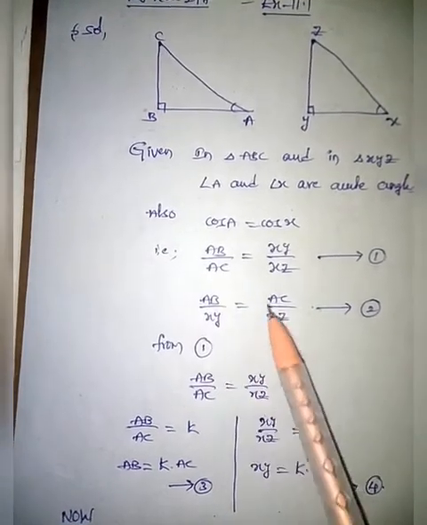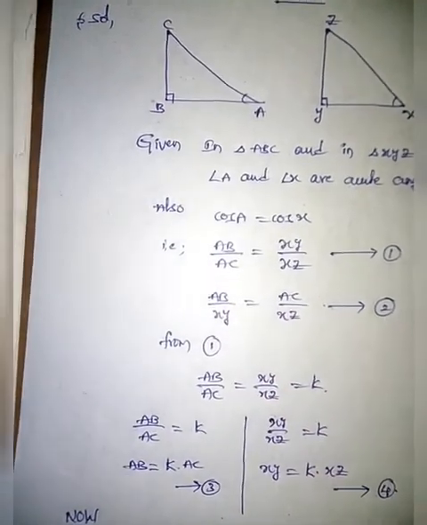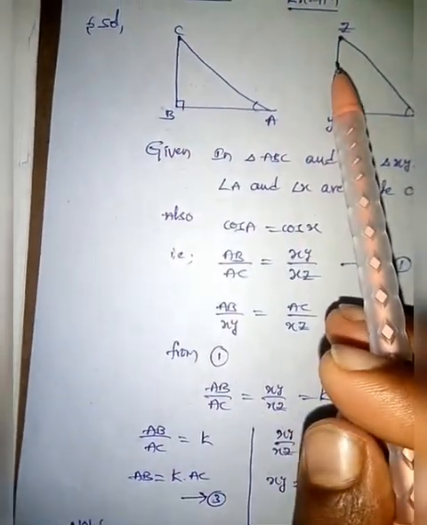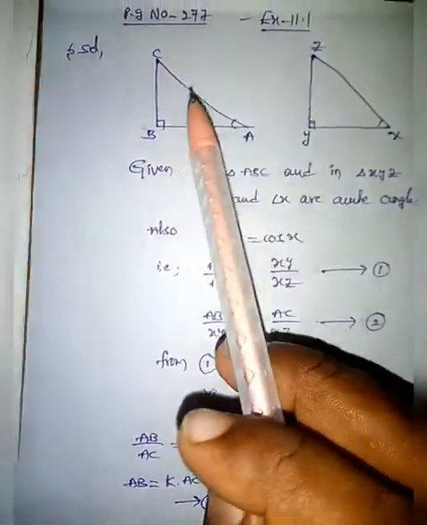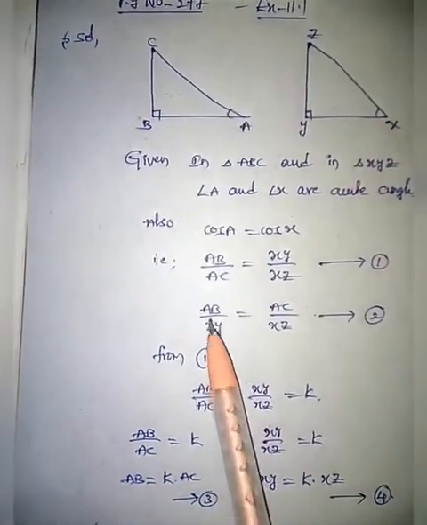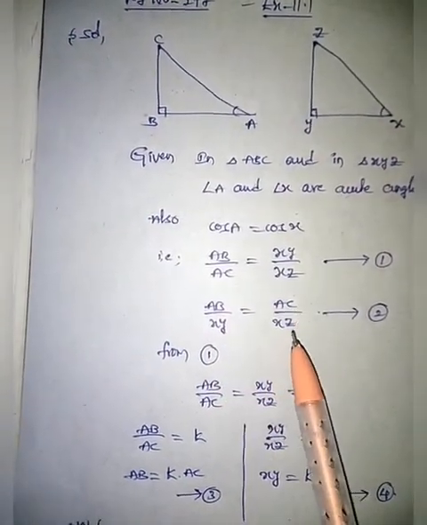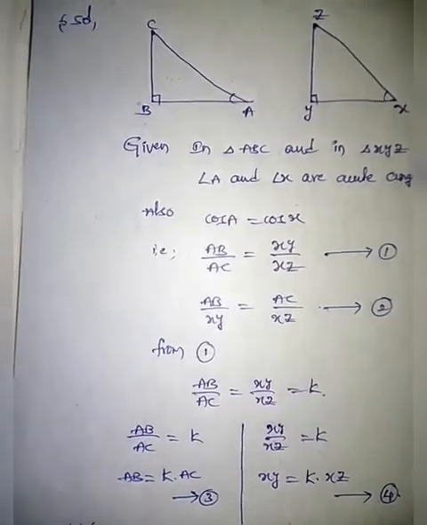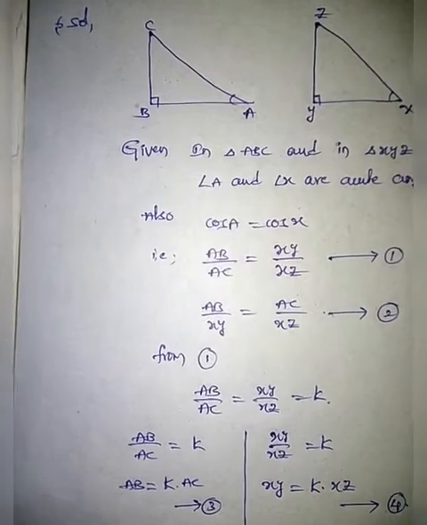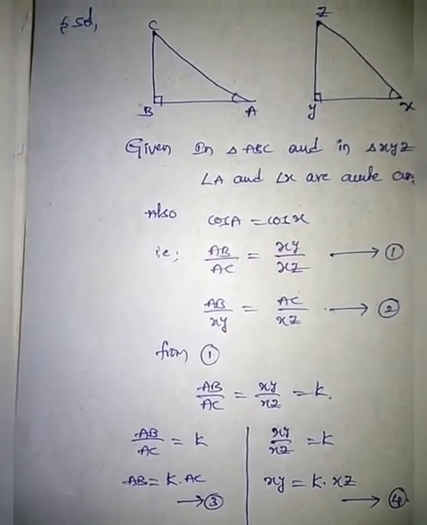Here two corresponding sides ratios are same, and we have another side, that is BC by YZ. If we show that BC by YZ ratio is equal to AB by XY equal to AC by XZ, then corresponding sides ratio is same, and we can say that triangle ABC is similar to triangle XYZ.